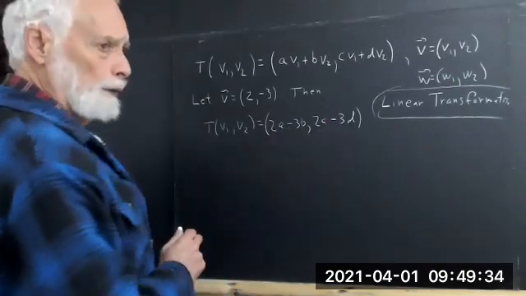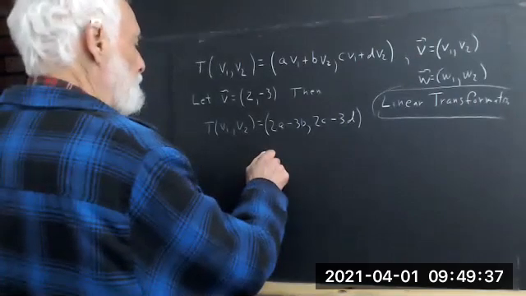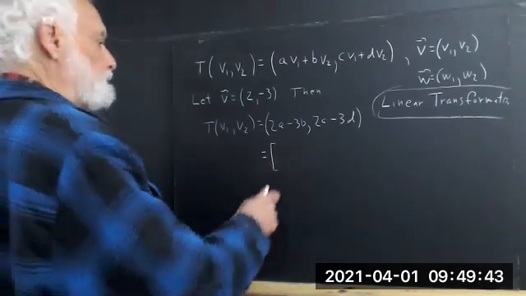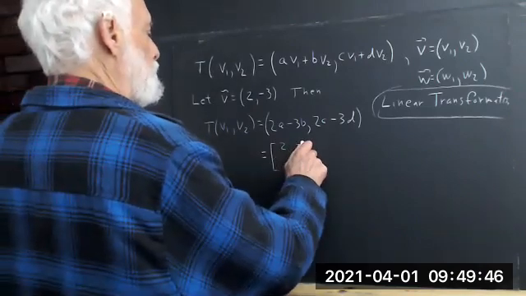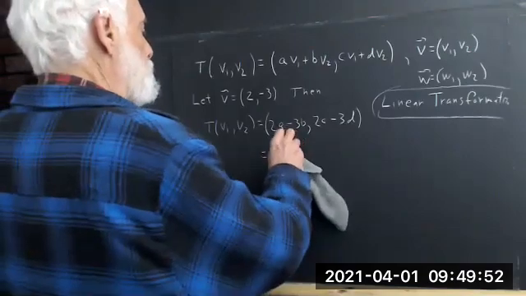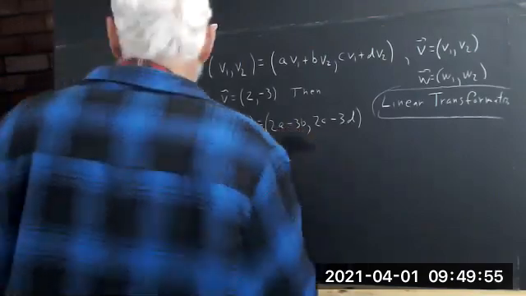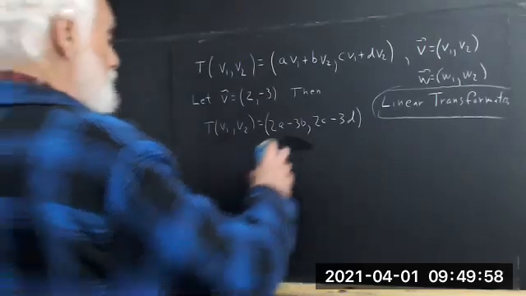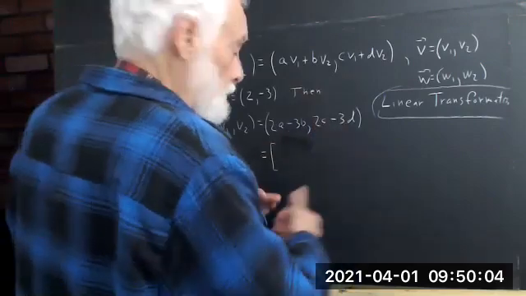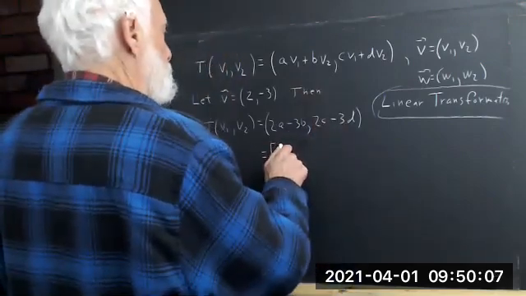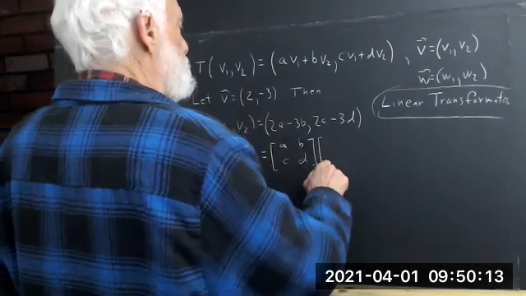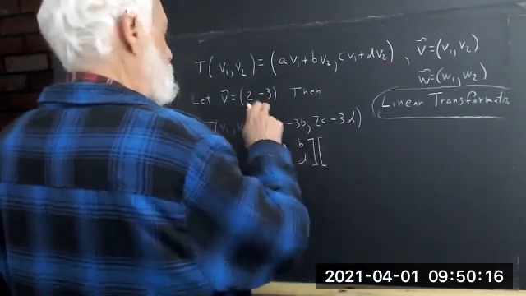Okay, so we have this ordered pair. I can write this ordered pair as a matrix equation if I regard it as a column vector. This would be the matrix A, B, C, D multiplied by 2, -3.